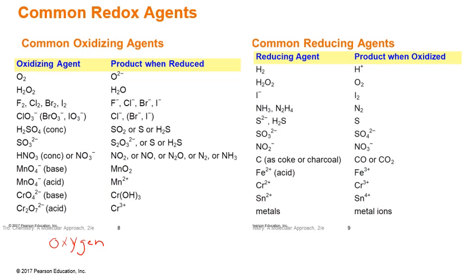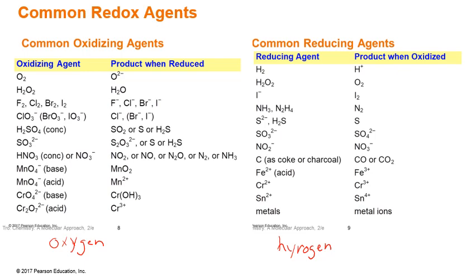And how about the compounds on the right-hand side? Well, these are a little more diverse, but many of them contain hydrogen. Now there is no need to memorize these lists, just showing you some common things that you might notice.